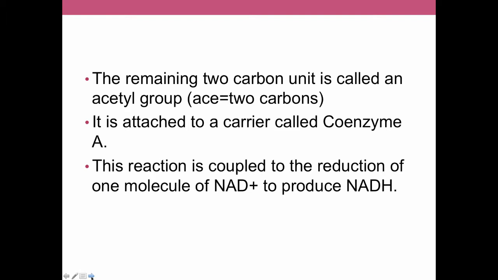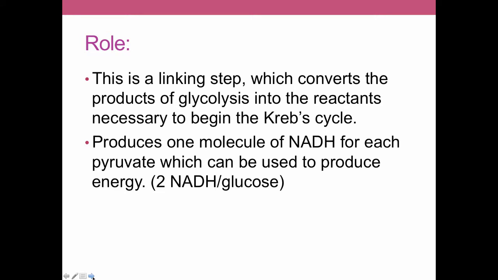So the remaining 2 carbon atoms, as I said, are an acetyl group, and that is attached to that carrier molecule, coenzyme A, and 1 molecule of NAD+ is used to produce an NADH.